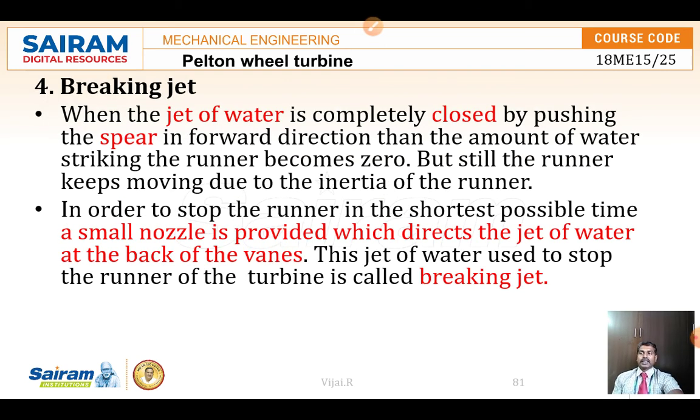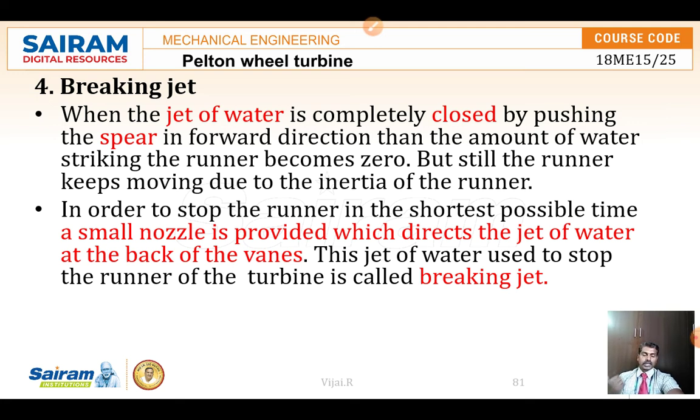Next, the braking jet is the one on the opposite side. If you want to stop the runner immediately, then when the jet of water is completely closed, the runner will continue rotating because of inertia. To avoid this, we can make a braking jet in the opposite direction of the main jet, at the backside of the vents.